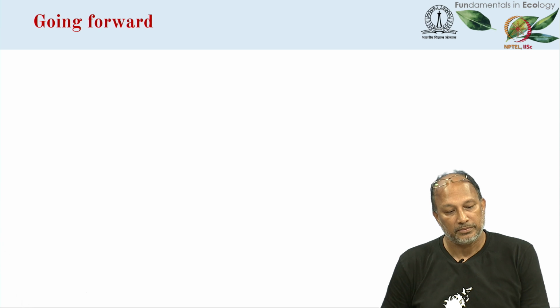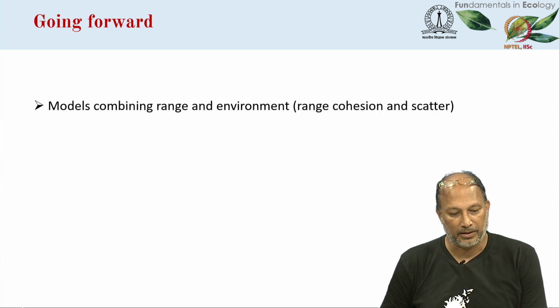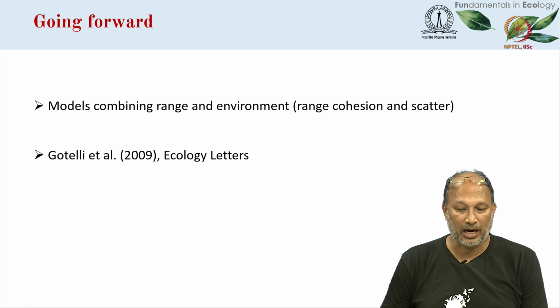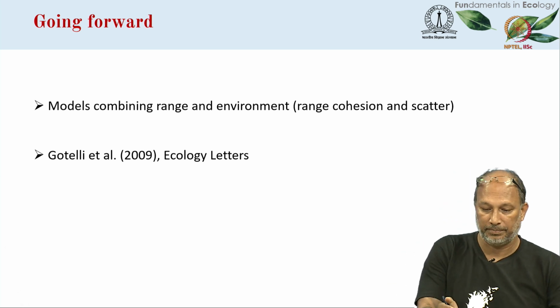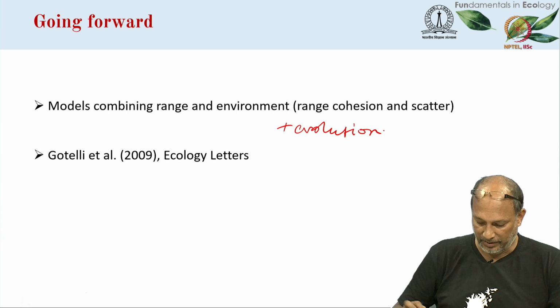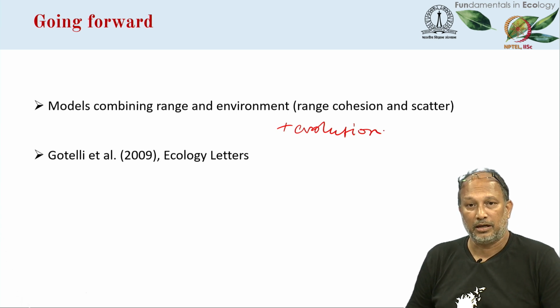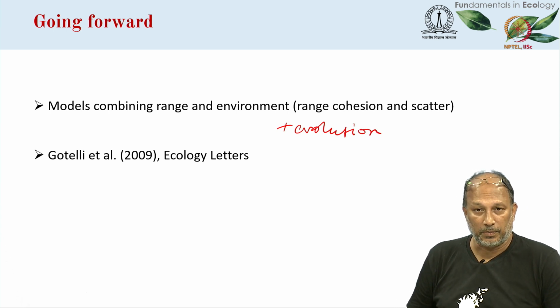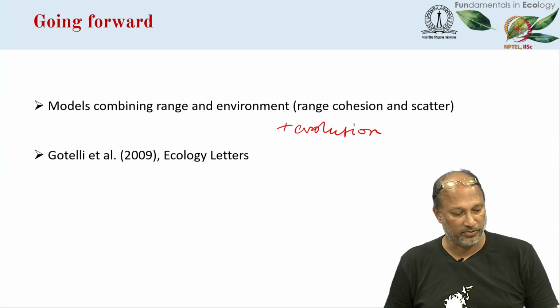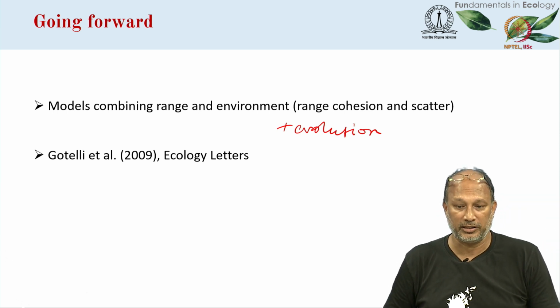Going forward, on that particular note, the models that combine range and environment and evolution now, actually I should say plus evolution, are of interest. These provide that broader set of mechanisms that will allow us to understand these patterns.